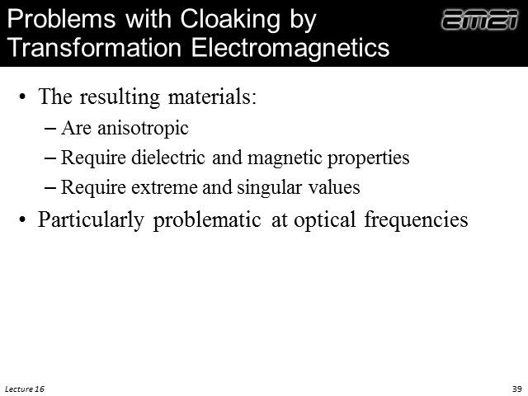I guess I'll mention on this slide that the extreme values for permeability and permittivity are more serious at optical frequencies because the metals are much more lossy at optical frequencies. So at microwave, it isn't as much of a problem, although still a problem, but certainly at optical frequencies.